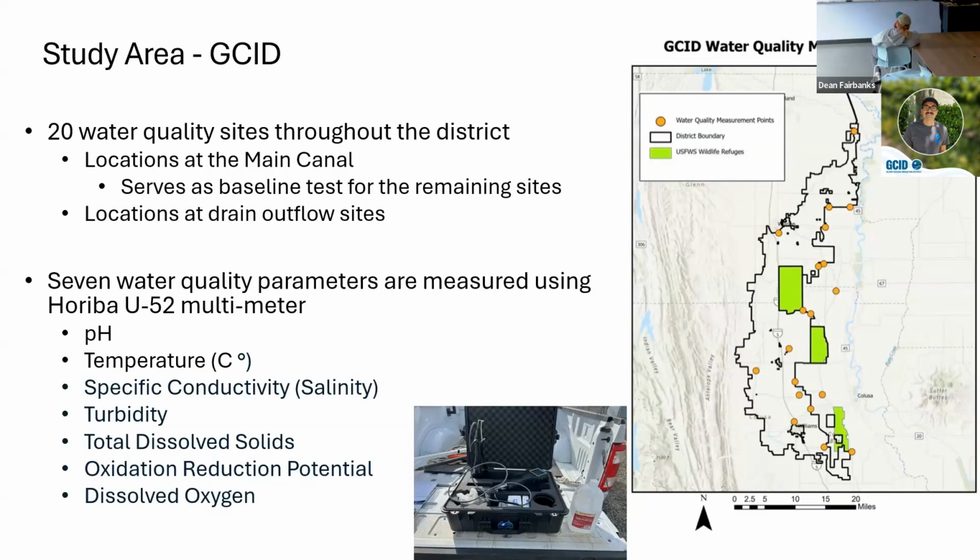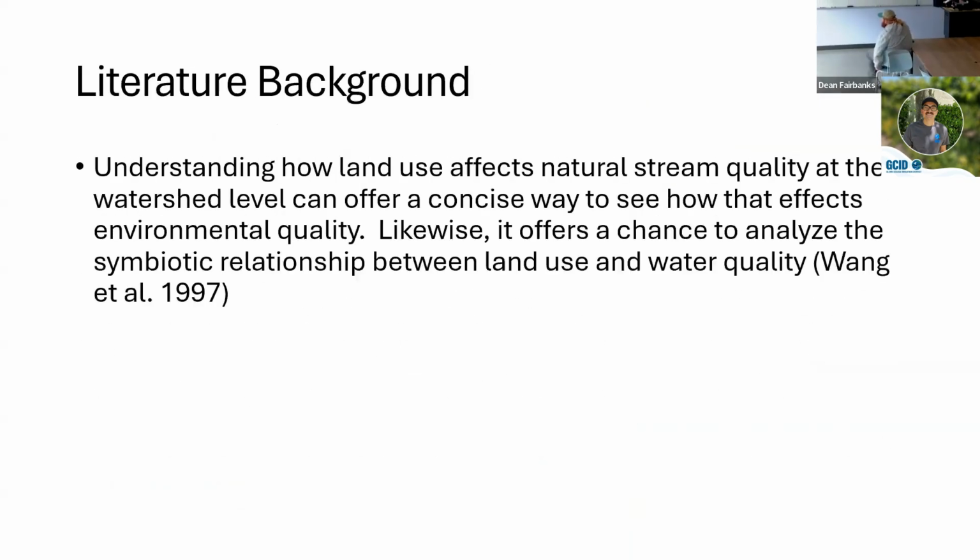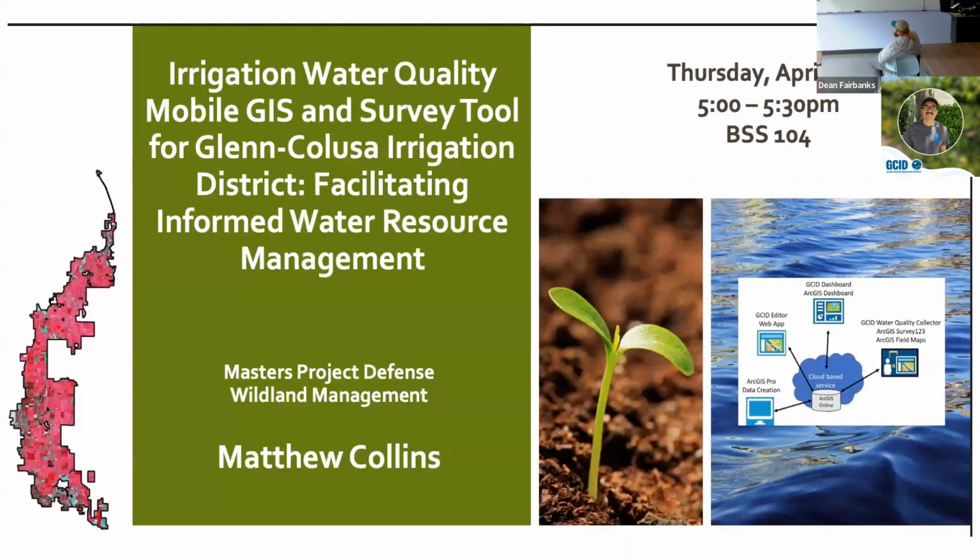Sure. Yeah, go to your first slide. So yeah, we'll go here. All right, so here we go. This is a remote sensing map from 2024, which was a 100% water year.